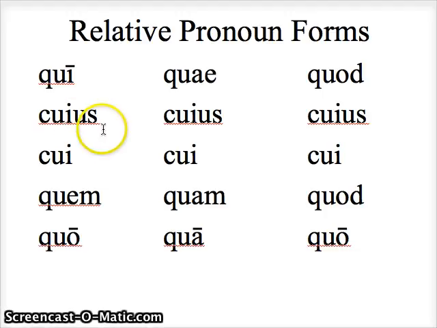The ius ending, illius, eius. And the datives, cui, cui, cui. To whom? Quem, masculine accusative, quam, feminine accusative, and quod, neuter accusative singular, quo, qua, quo, ablative.